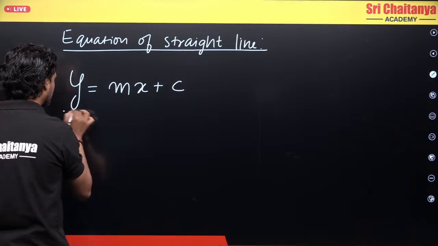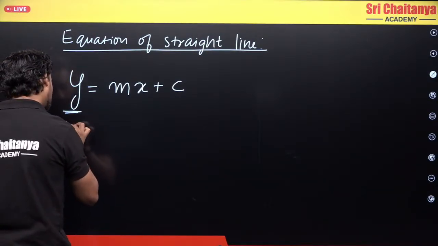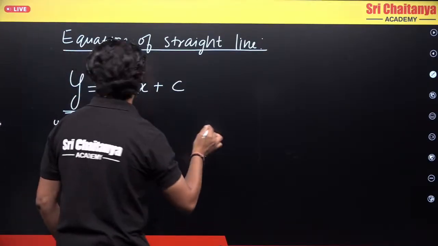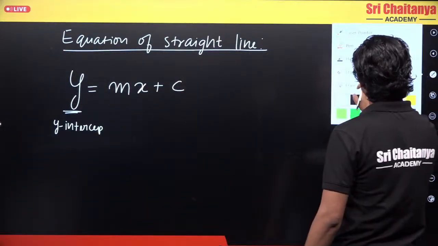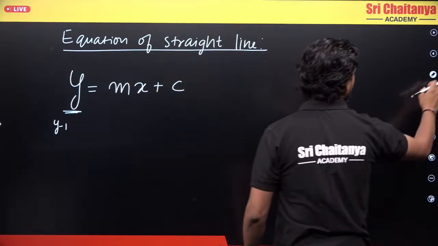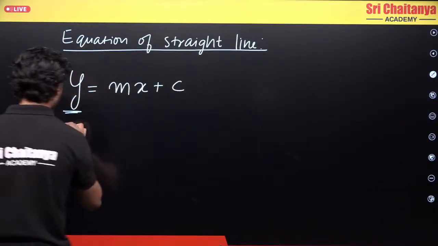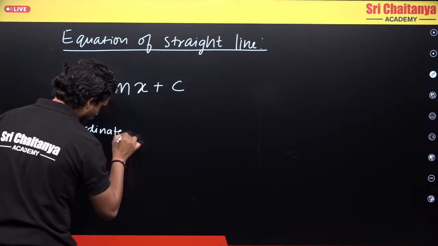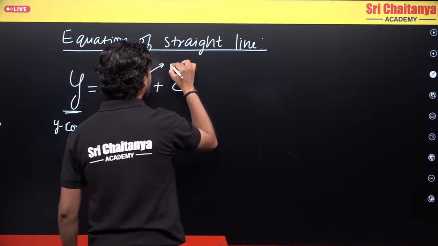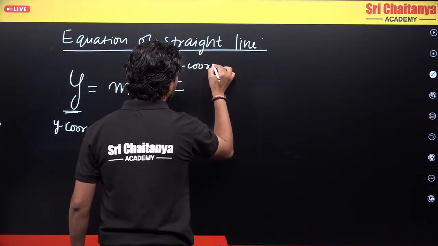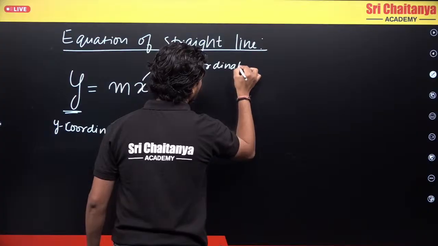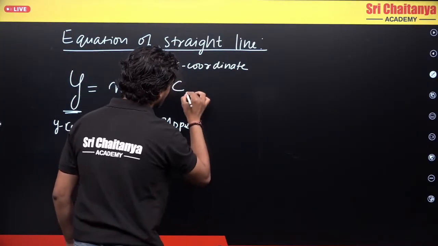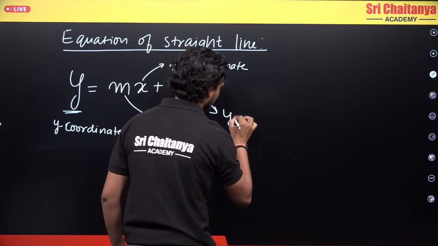Sorry, y is not the y-intercept; this is the y-coordinate, this was my x coordinate, m is equal to slope, and c is basically my y-intercept.